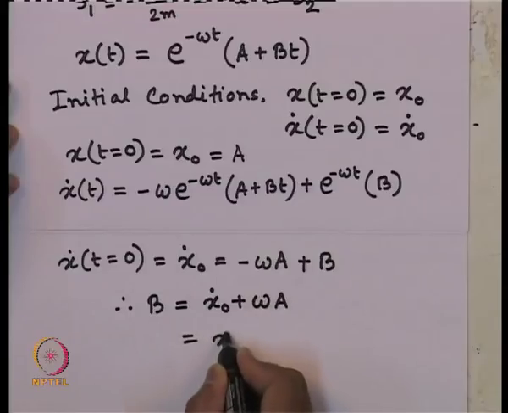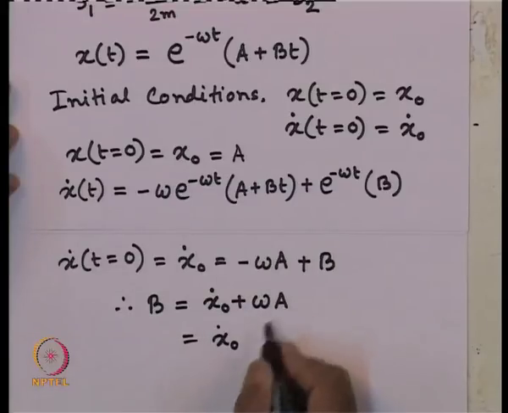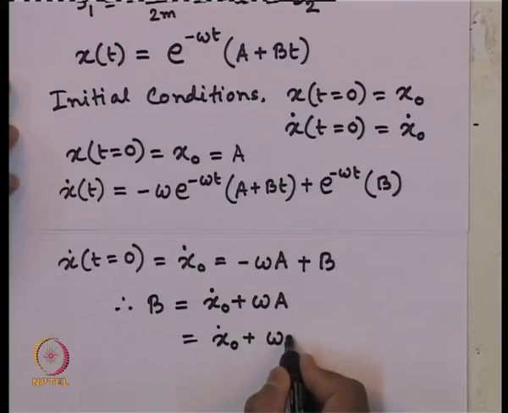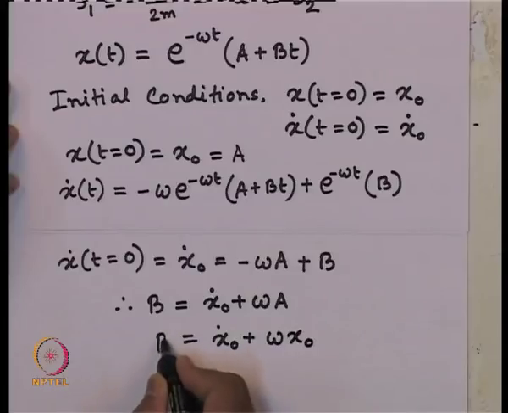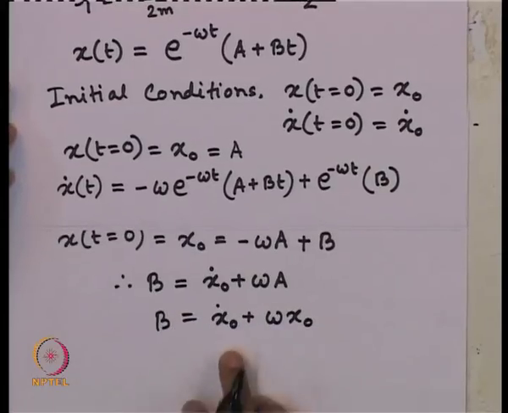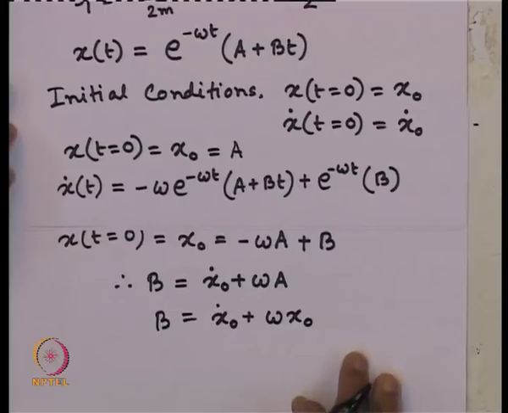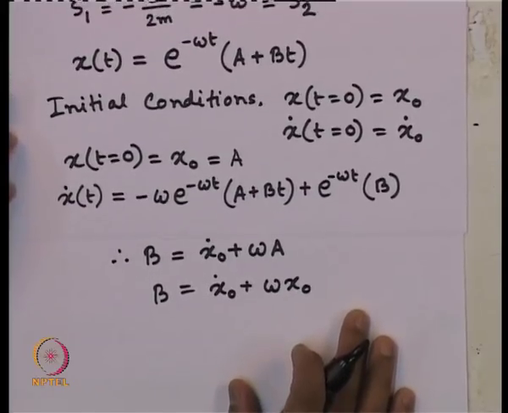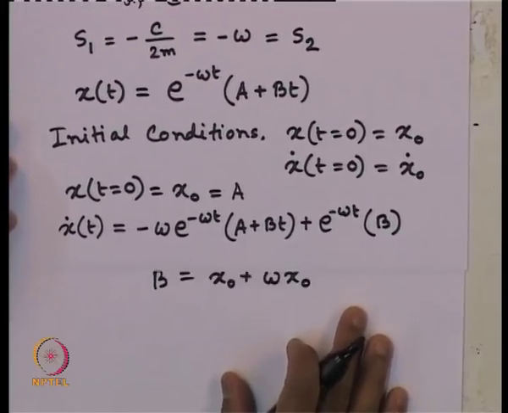Now, how much is our other constant a, which is also known now? x naught. So, the other constant b is x naught dot plus omega x naught. So, what is the complete solution we can write now?